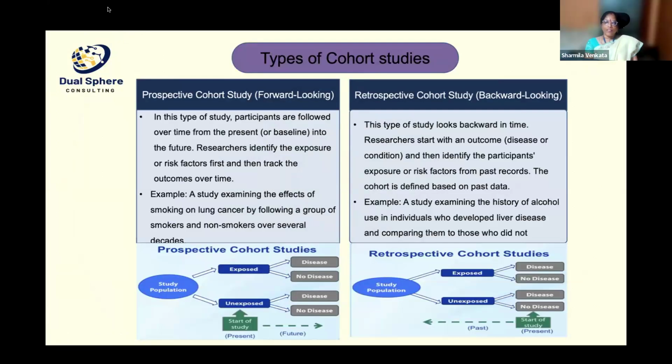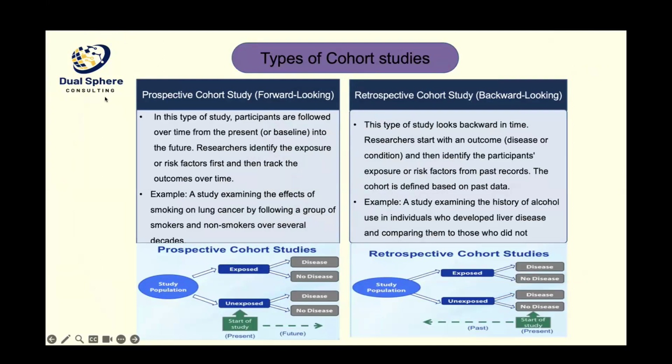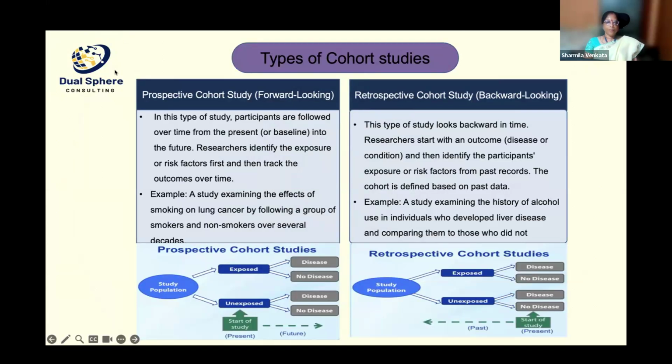We have seen the cross-sectional studies, cohort study, case control study. Now we are seeing the types of cohort studies. These are prospective and retrospective. Prospective cohorts are forward-looking. We start with a group at baseline, record exposures, and follow them into the future.